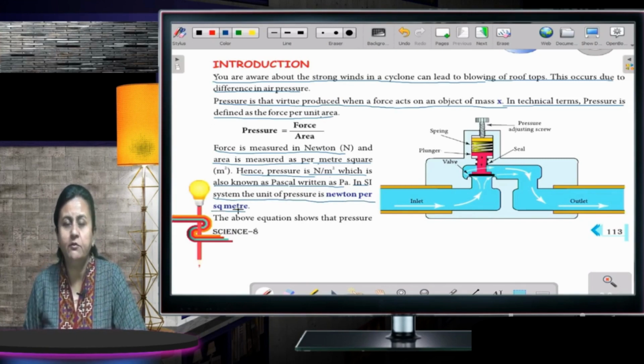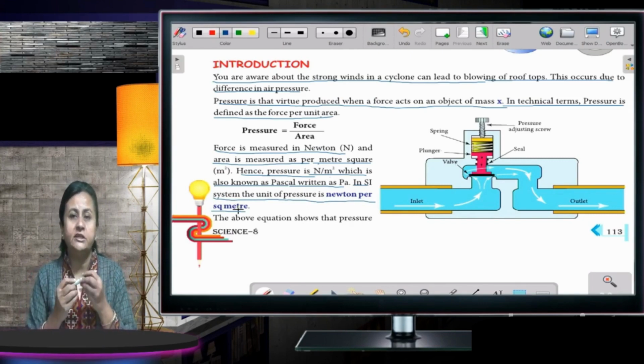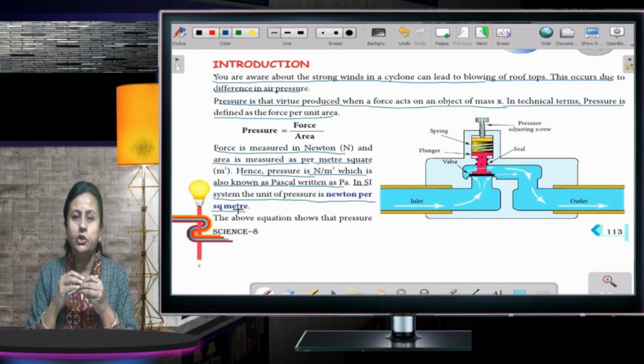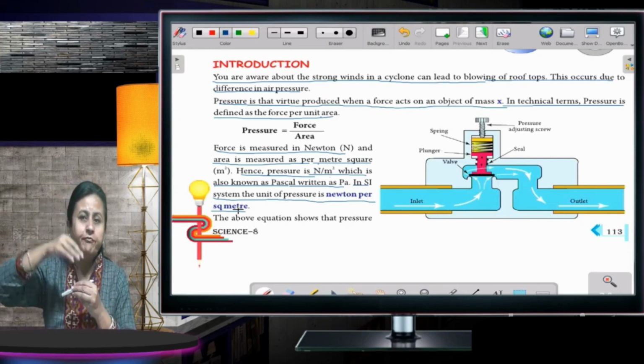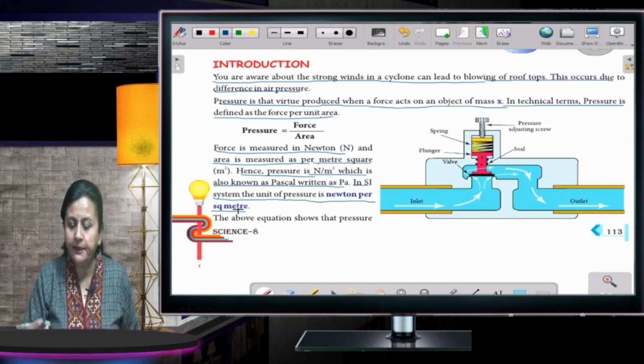Fine, children, what is pressure? When there is an object and you are applying some sort of force to it, that is called pressure.